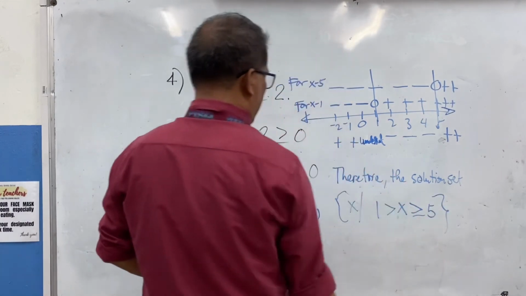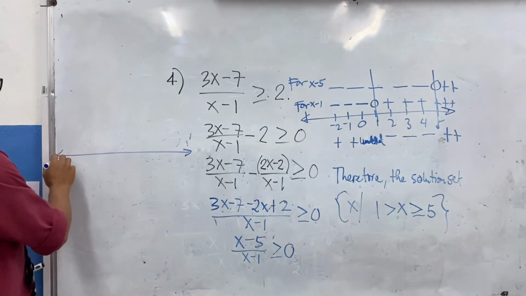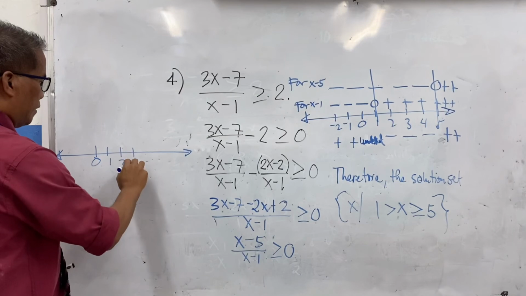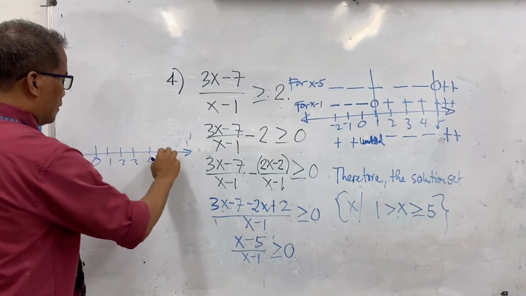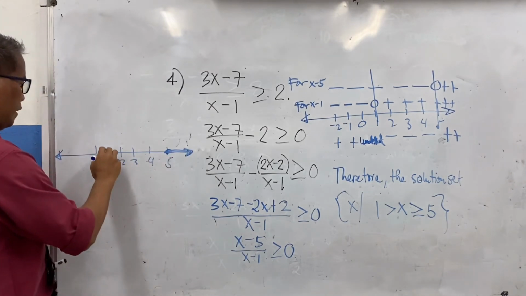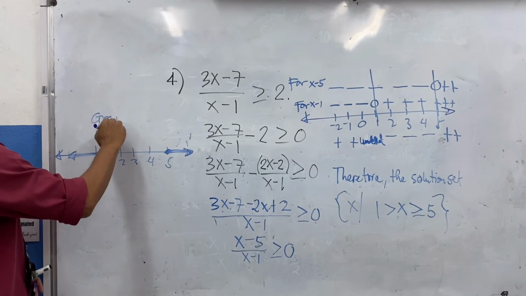So this will be the answer. Then if we are going to graph it, the graph will be like this. Here closed circle going to the right, then here open circle going to the left. So this will be the graph.